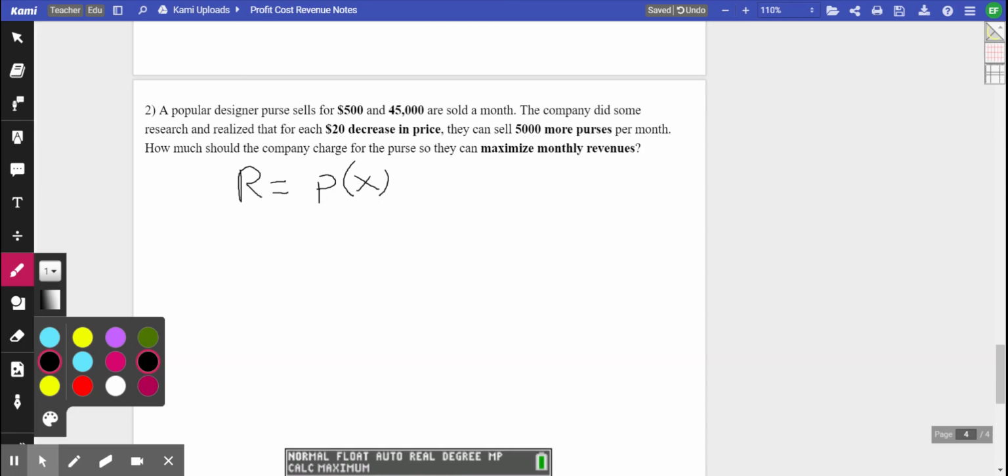Well, we know that we could sell 45,000 purses. We know that. We sell 45,000 purses. And we can actually increase, so plus, increase our number of sales by 5,000 for every $20 decrease. So I'm going to have X here, where X for me is going to represent my number of $20 decreases.